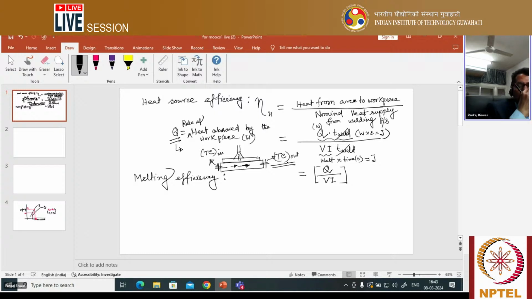I have explained these things. By using that calculation you can easily measure Q. Q is the integration of rho C into the temperature difference.